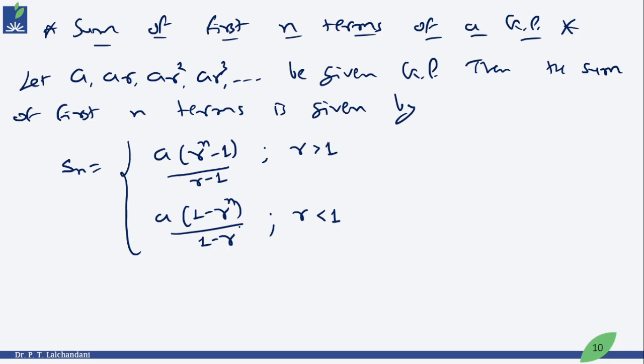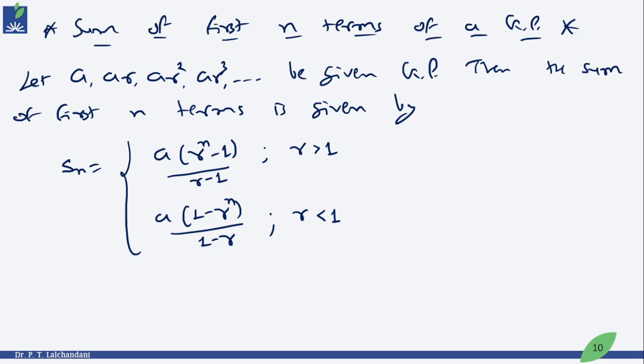Now the question is what happens if R is equal to 1? Put R equal to 1 in either formula. What will you get? 1 minus 1 divided by 1 minus 1, so this is 0 upon 0. Similarly here, 0 upon 0. We are going to discuss in the last unit of our syllabus that 0 upon 0 is an indeterminate form.